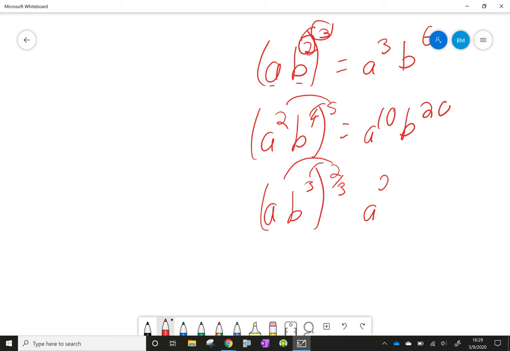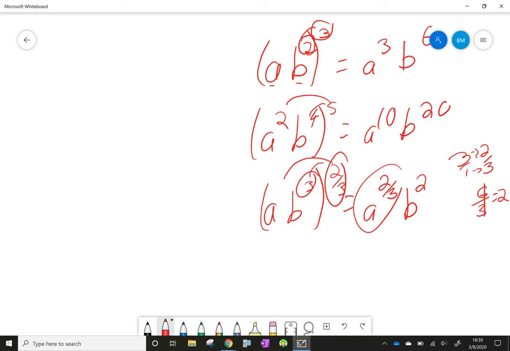So essentially you have a to the 2/3 power, and then you have to multiply the 3 and 2/3 for b. So 3 times 2/3 would be multiplying across 3 over 1 and 2 over 3, which is 6 over 3, or simply just 2. So it would be b to the 2nd power. Well, that would be our result.